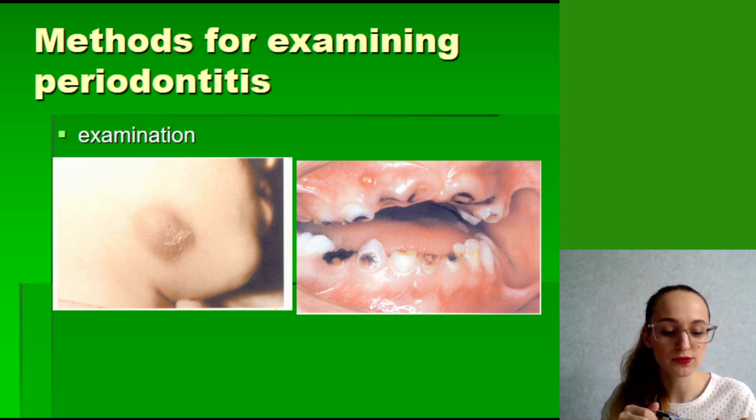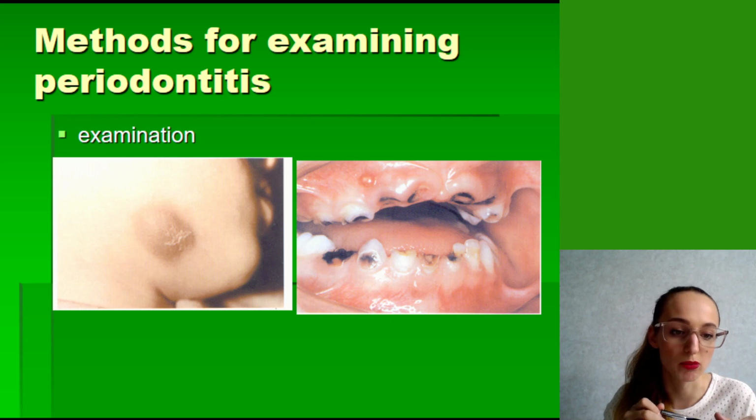So, a positive history of toothache suggests definite pulp pathology. However, it is difficult to correlate the type of pain with the degree of pathosis. Sensitivity to thermal stimuli can indicate a vital pulp.